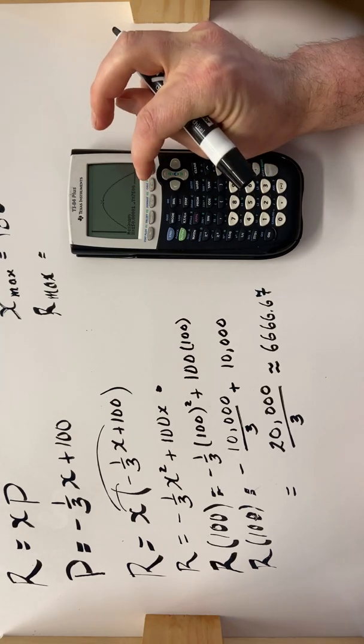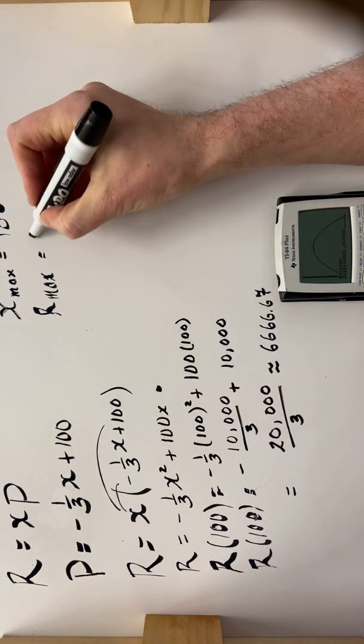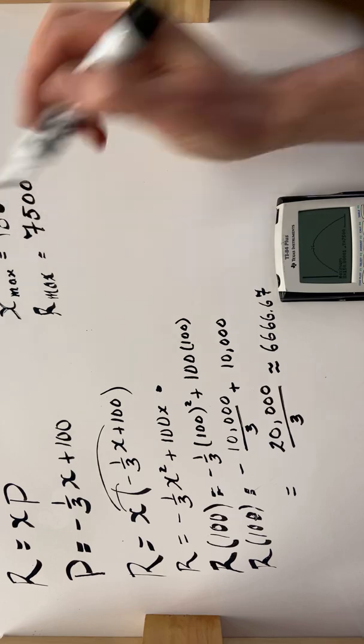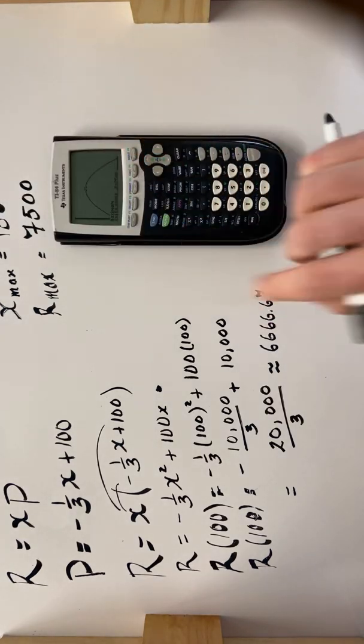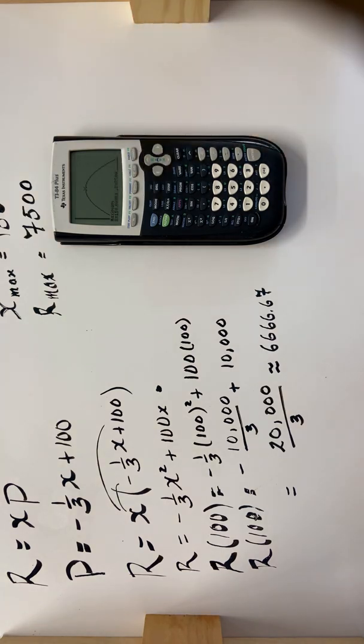So my Y value is 7,500, and so my R max is 7,500. So my X max is 150 and my R max is 7,500. That is the maximum point of my graph right there. So that is part D answered. I have found the value of X that maximizes the revenue, and I have found that maximum revenue.